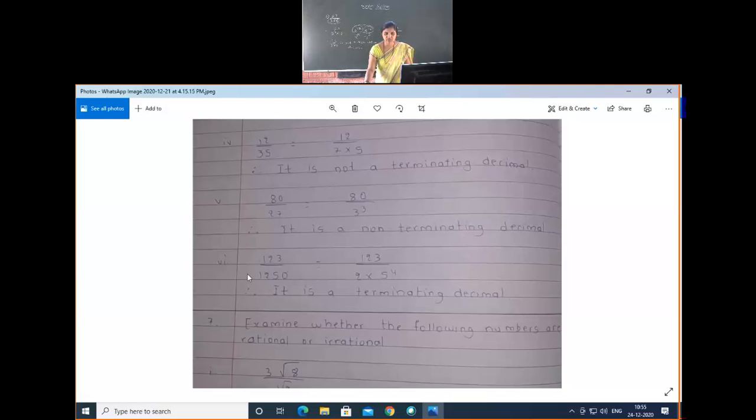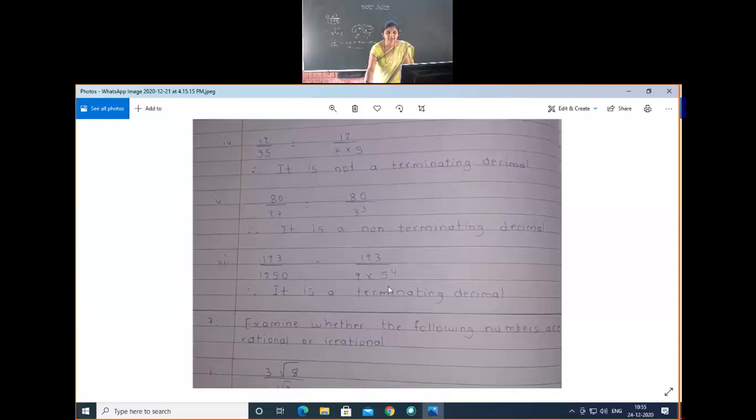Next, last question. 123 divided by 1250. 123 divided by 1250 is equal to 123 divided by 2 into 5 to the power of 4. Finally, we got one question.